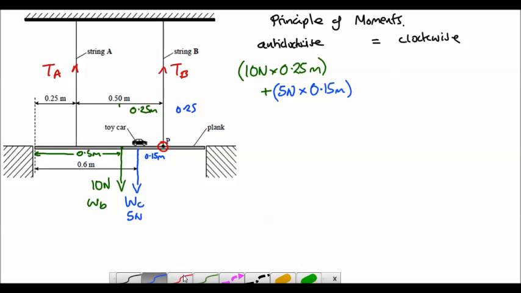So this lot is going to equal the clockwise moments that are acting, which TB doesn't come into. The only clockwise moment is tension in string A multiplied by its distance from the pivot, which is given as 0.5 meters. So work out those and add them together.